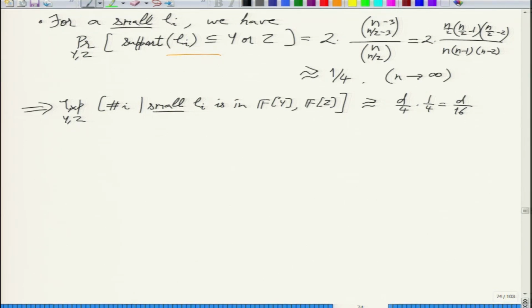The number of these i's is expected to be d by 16. So these Li's stop contributing to gamma yzf.